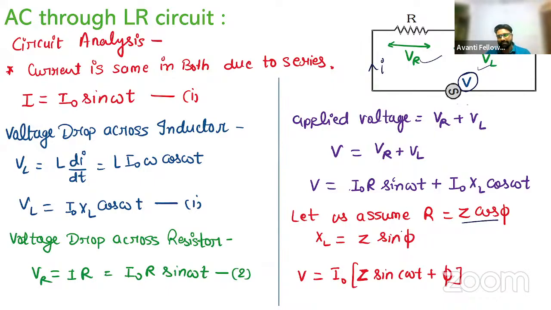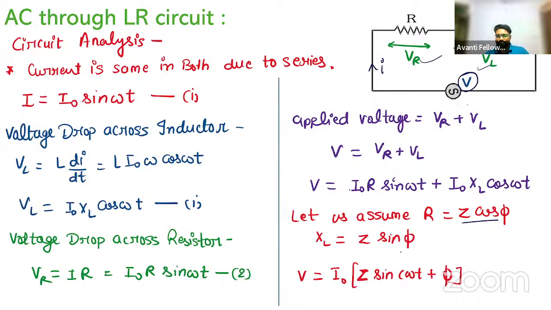So what happens here is when you put this value of R into this equation, it becomes I naught Z cos phi sin omega t plus I naught Z sin phi cos omega t, after putting the value of XL. It is becoming a formula of sin omega t plus phi, because if you open this up, it becomes sin omega t cos phi plus cos omega t sin phi.